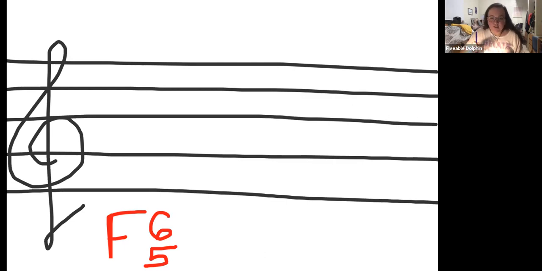So what I like to do when I write things in inversion is write them out in root position first, because it's just easier to think about it that way. So root position, we're starting on F. And what's our next note?